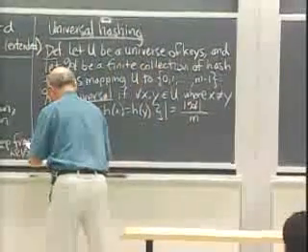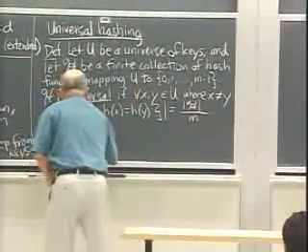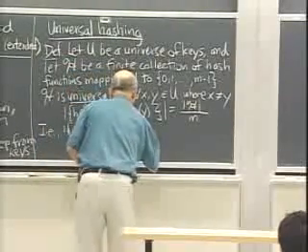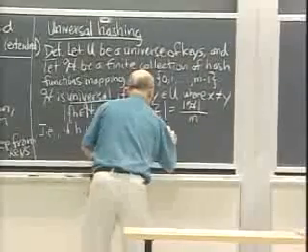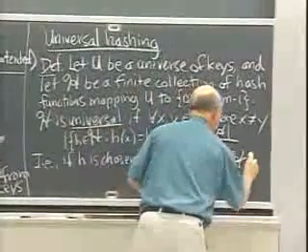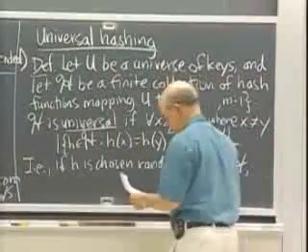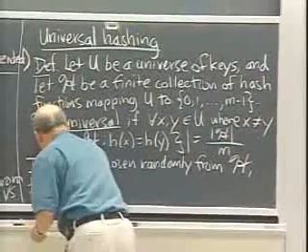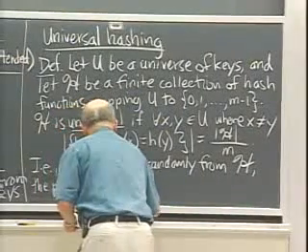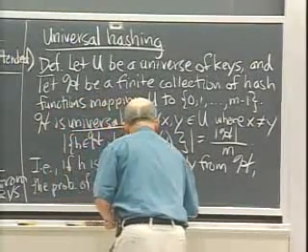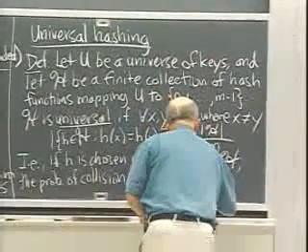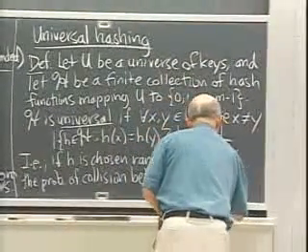Another way of viewing that is, if h is chosen randomly from the set of hash functions H, the probability of collision between x and y is what?